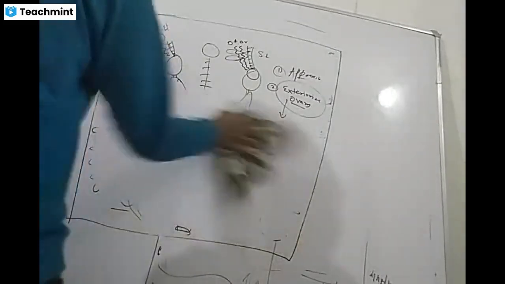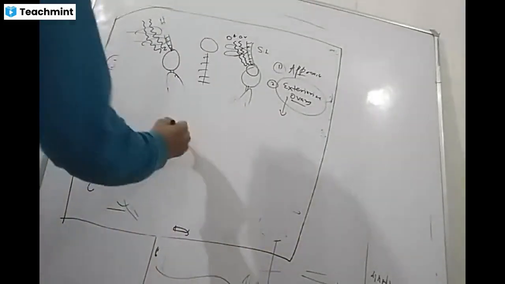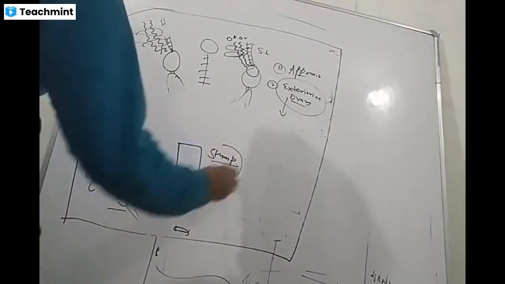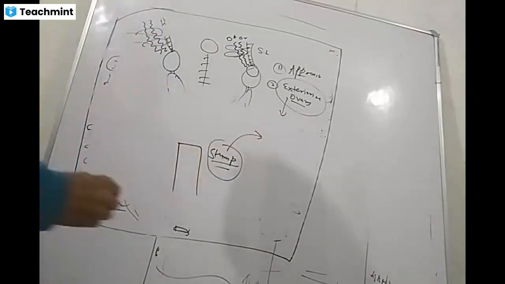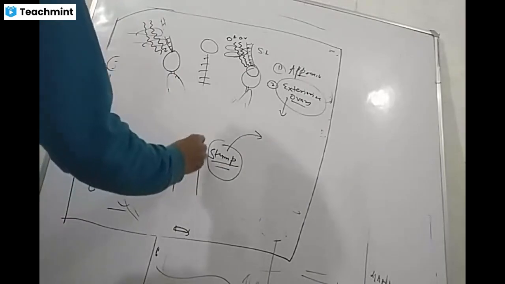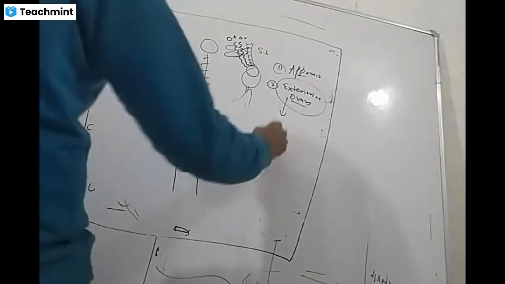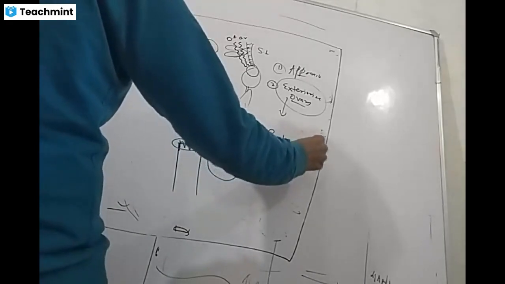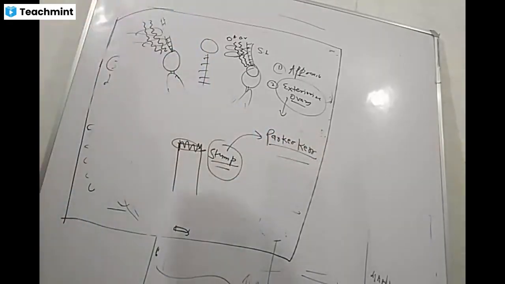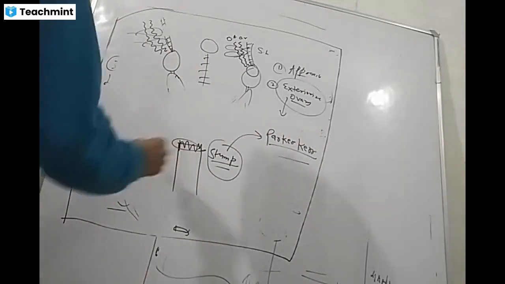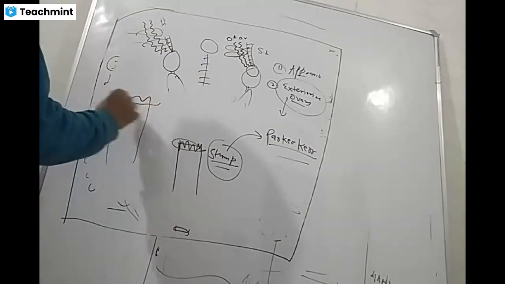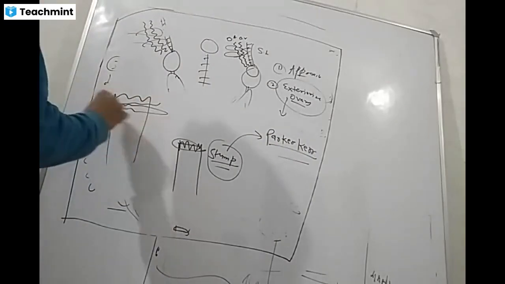And after this is the stump. This is the stump. So, as I explained in general surgery, wherever the stump is there, we apply one suture pattern known as Parker Kerr, where this stump we hold with the artery forceps.